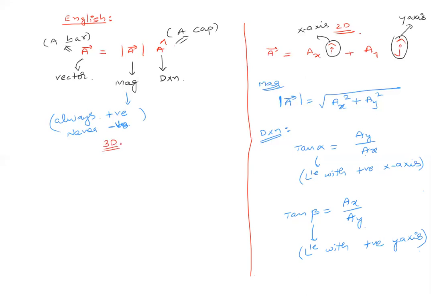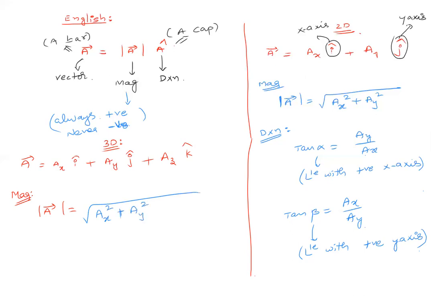A bar, if you are taking it as ax i cap plus ay j cap plus az k cap, then your magnitude is given by mod of a bar equals the square root of ax square plus ay square plus az square, for a three-dimensional vector.